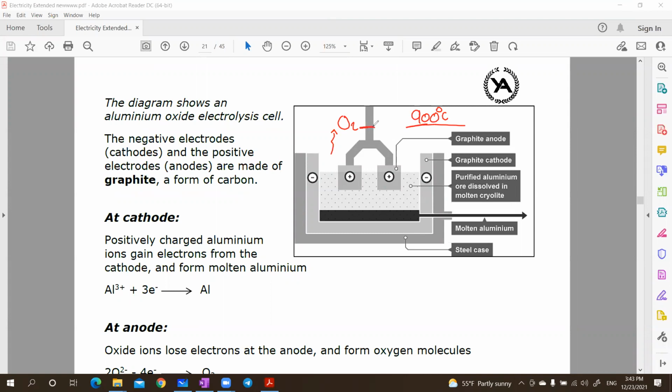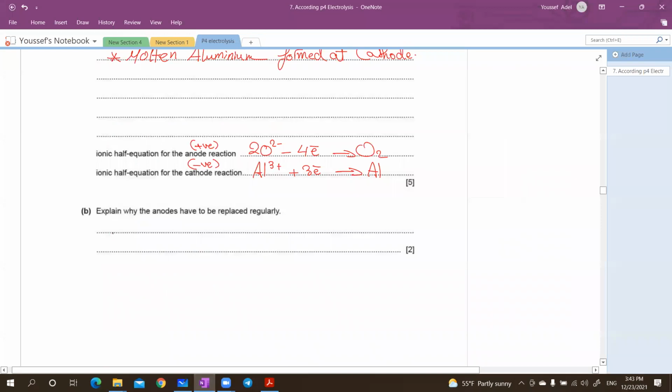So they will burn to form carbon dioxide gas or carbon monoxide gas, depending on whether complete or incomplete combustion happens. So you have to say that the anodes are made of carbon and burn with the oxygen, forming carbon dioxide gas.